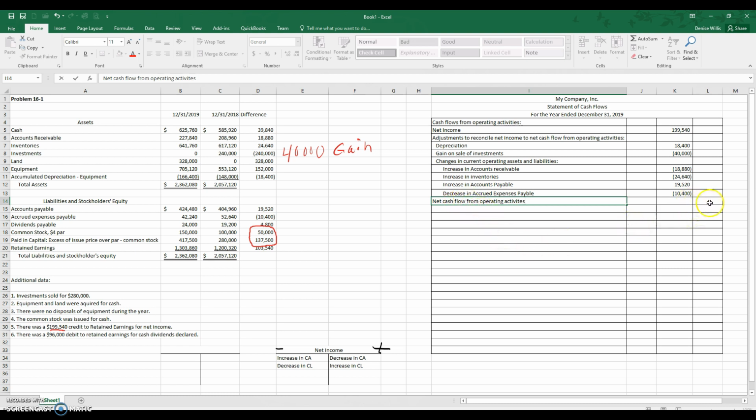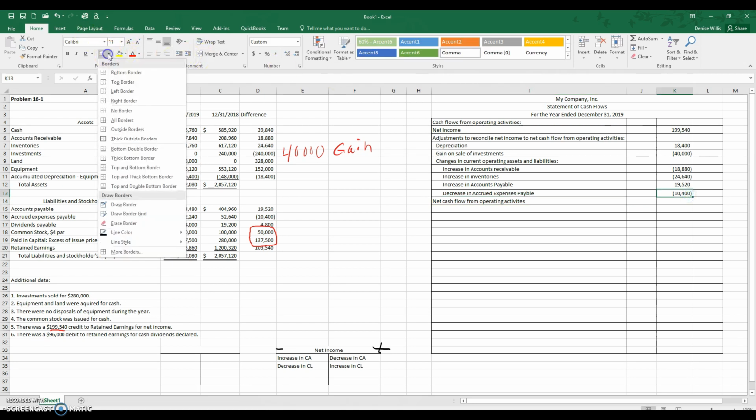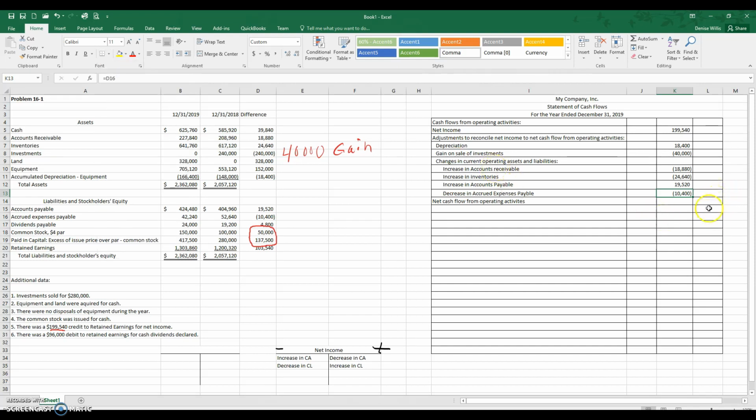Let's put a border here. And right here I'm just going to sum all of these right there. That's just this column added up appropriately. This plus this minus plus minus gives me that. And that is that section.